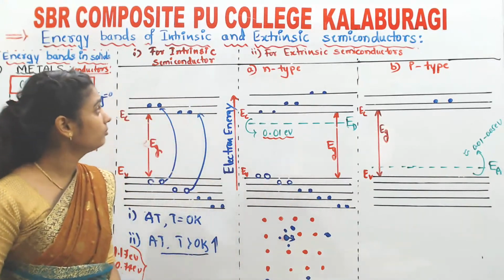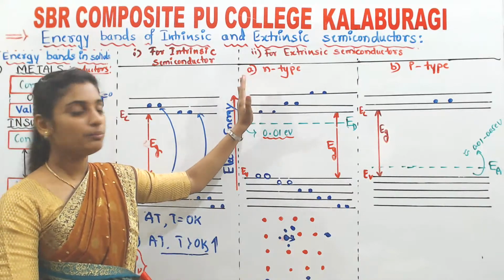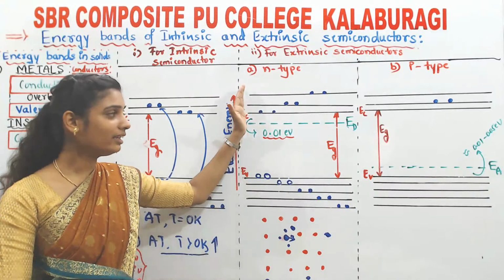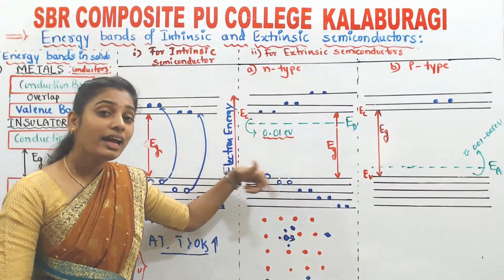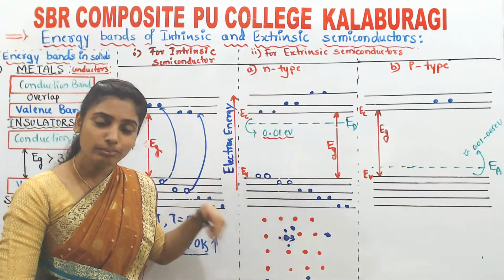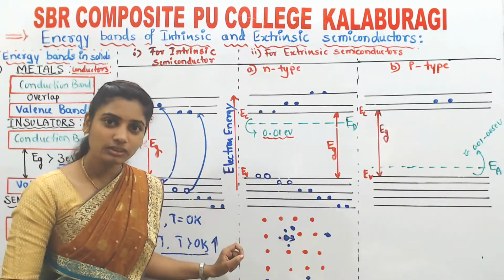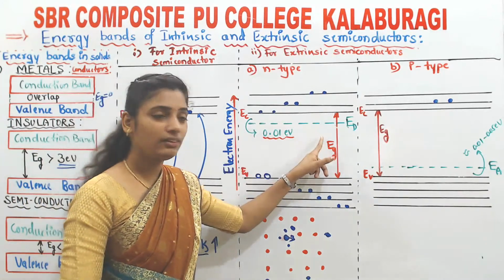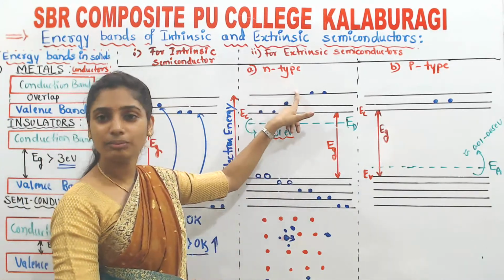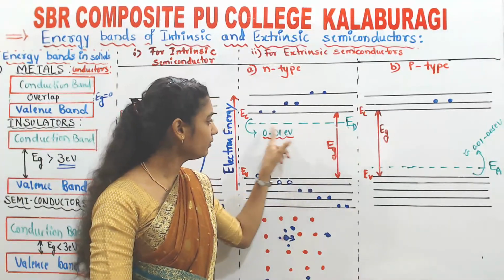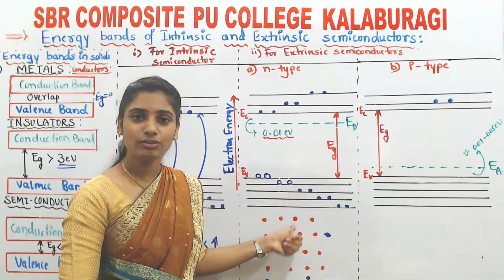So this is about energy bands in N-type semiconductors, the valence band and the conduction band. In between them, additional energy levels will be present due to the presence of impurity atoms. That energy level in the N-type semiconductor is called the donor energy level, and this is where these free electrons will be lying.